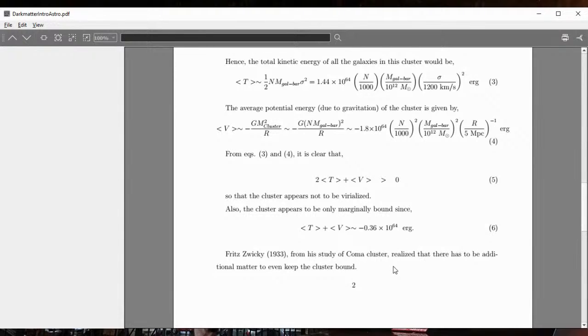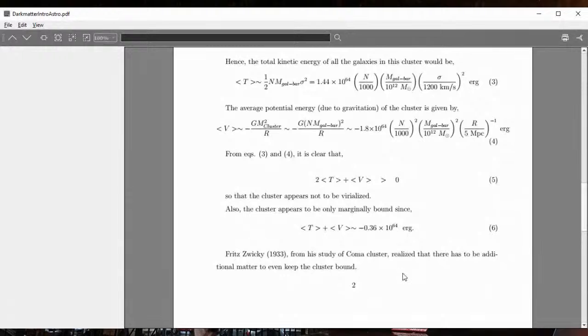But the fact that you are seeing so many galaxies clustered together, unless they are physically bound, it will only be a chance probability that you will see at random so many galaxies concentrated in a small region. And the Coma cluster is not the only cluster. There are so many galaxy clusters that have been observed.